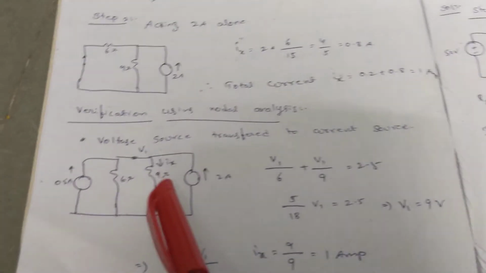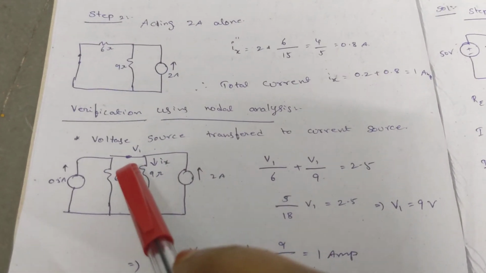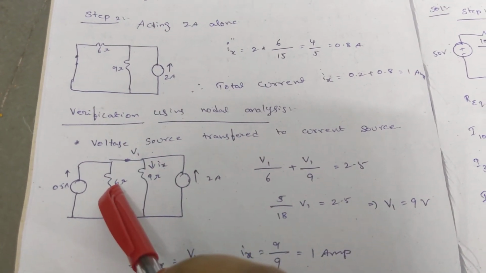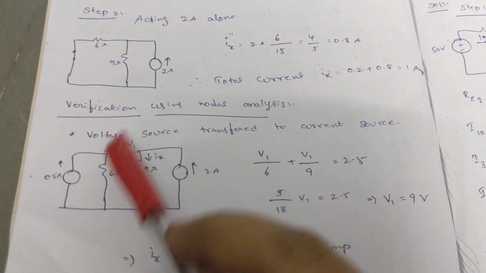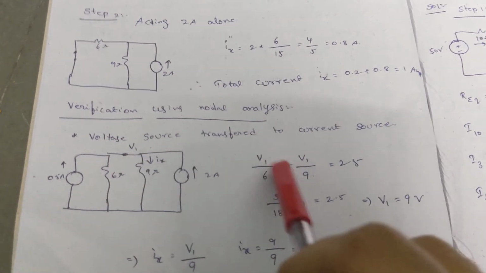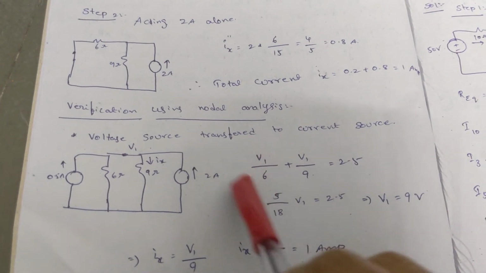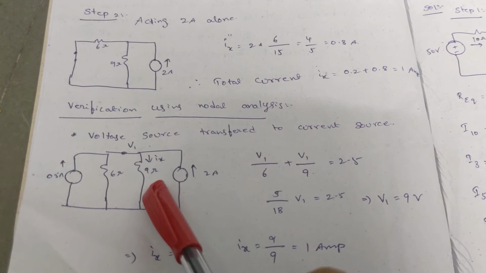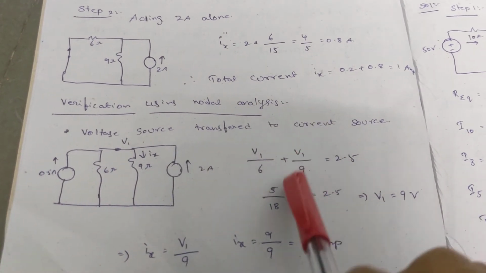Now I am considering the nodal analysis. For the current flowing away from the node, V1 divided by 6 ohms in this branch, because voltage divided by resistance is the current. And for the 9 ohm resistor, V1 divided by 9.